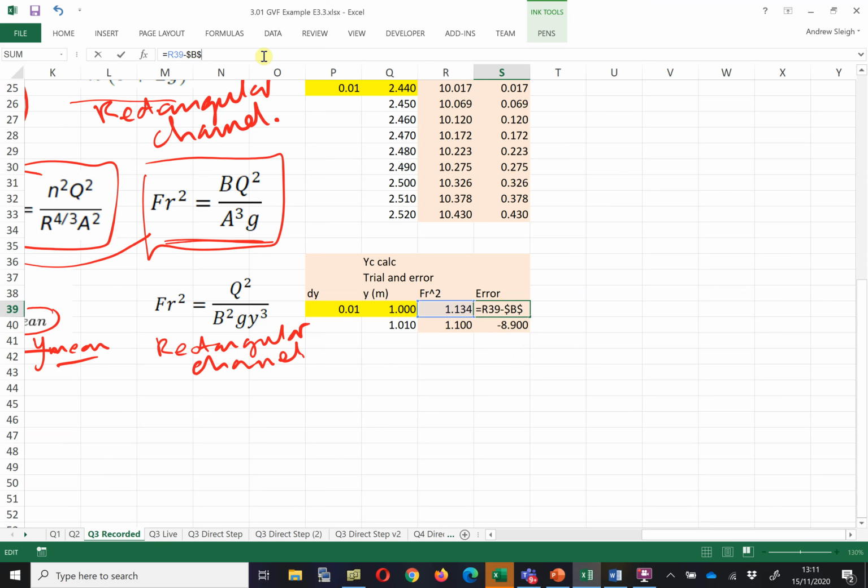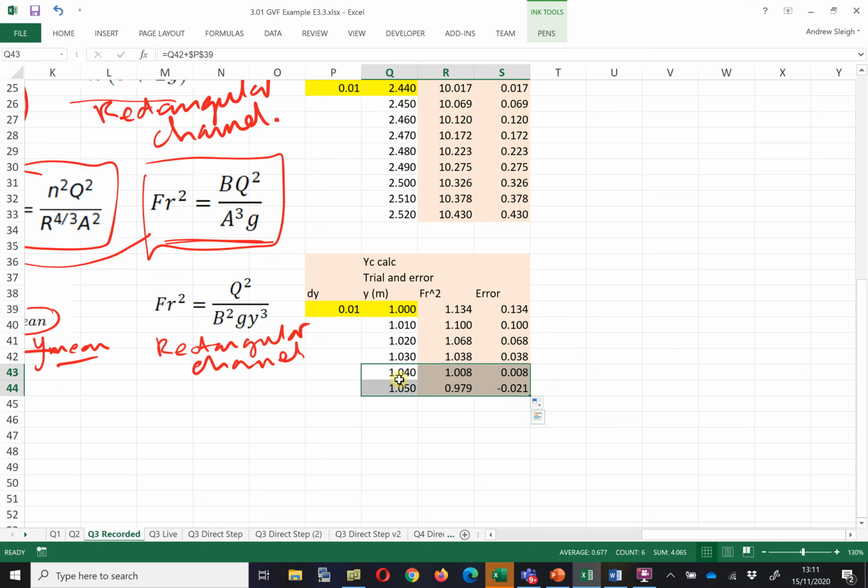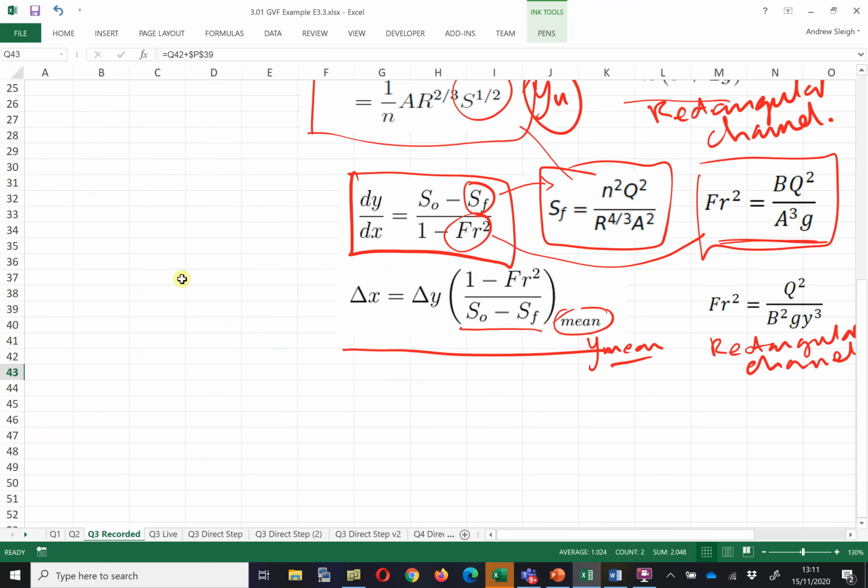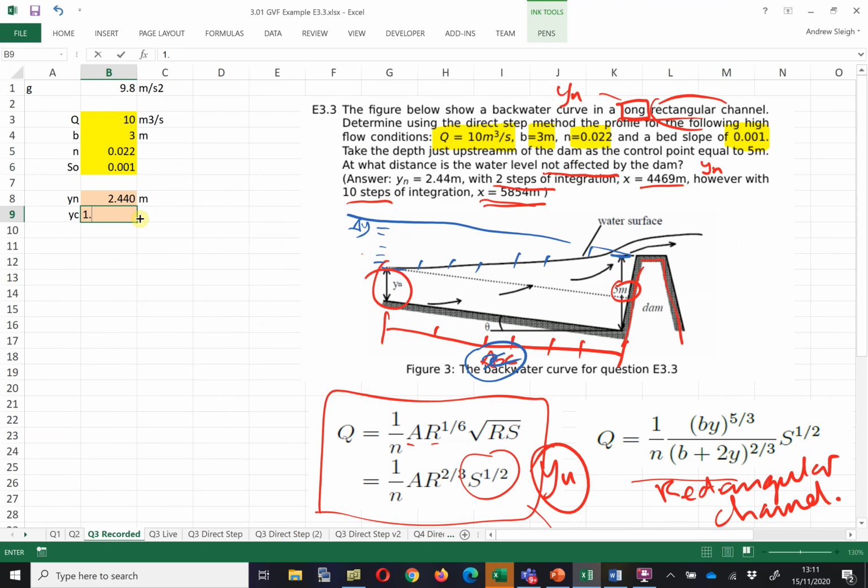We need to take, that's not taking 10 off, that's taking 1 off, so the error, okay, so we can now pull those down, and we see that between 1.04 and 1.05 the sign changes. At 1.04, we've got a Froude number of 1.008, so I think 1.04 is the appropriate number for critical depth. So we're going to write that down in here, 1.04 meters.